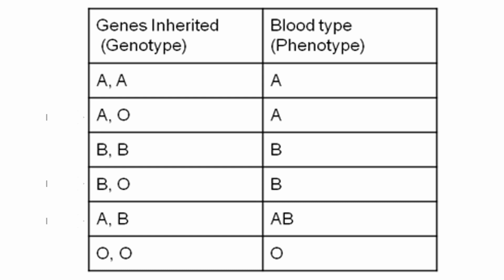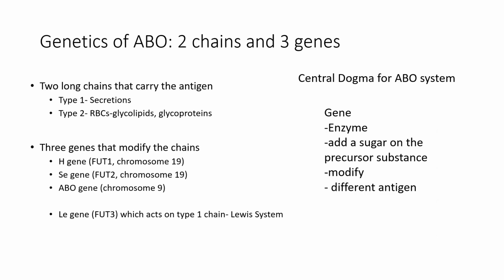Similarly, you have AB, where both A and B are codominantly expressed, and that is how the AB antigen is formed. But O is an amorph, so homozygosity of both O genes is required to form the O phenotype.